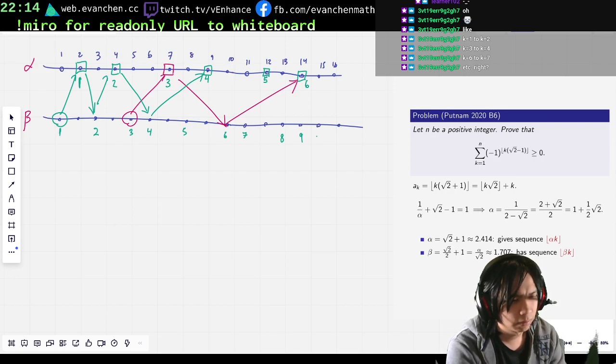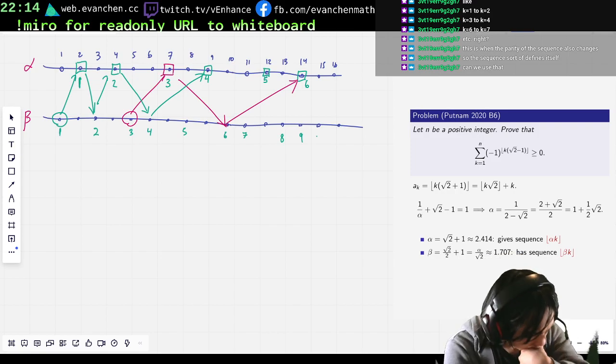Well, I guess. Yeah, because these two sequences are the same up to parity. Right? So can we use that? What would that do?